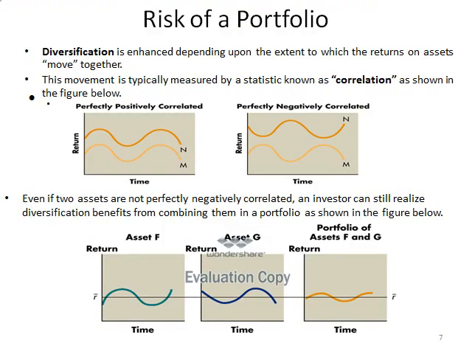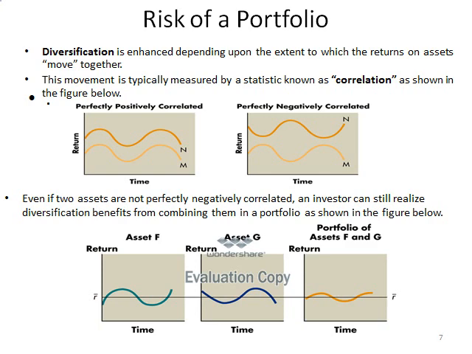So how can diversification affect the stability of the asset return? Diversification is enhanced depending upon the extent to which the returns on the assets move together. If we look at the next figure, we will find that the return for asset N and the return for asset M perfectly match.